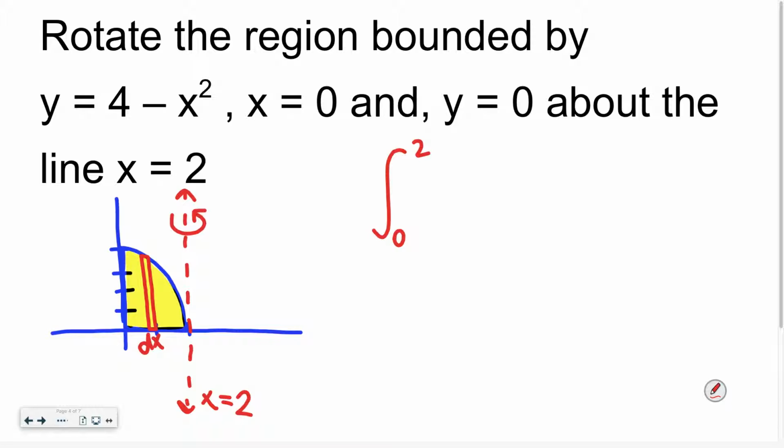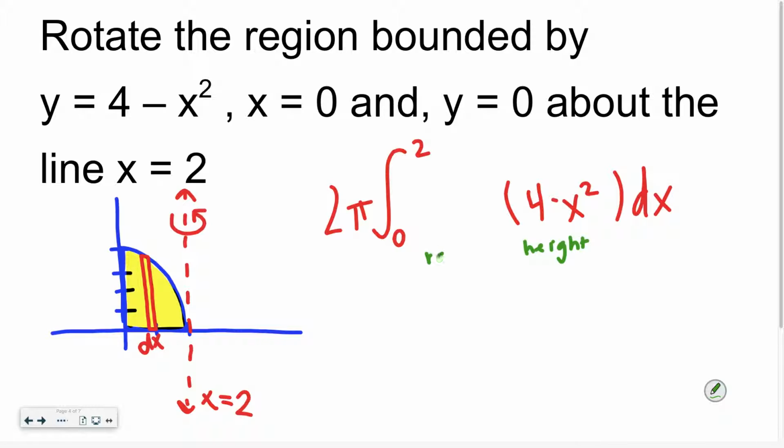We're going to use the shell method, so we have 2 pi, we need a radius, and we need a height. So let's talk about the height first. The height of each of these rectangles would be what? 4 minus x squared. Okay, let's talk about the radius.